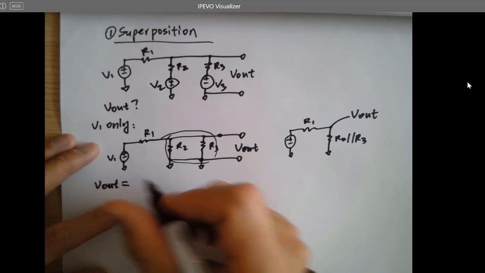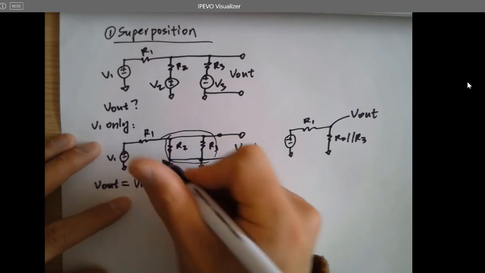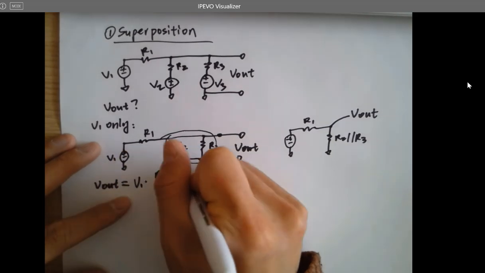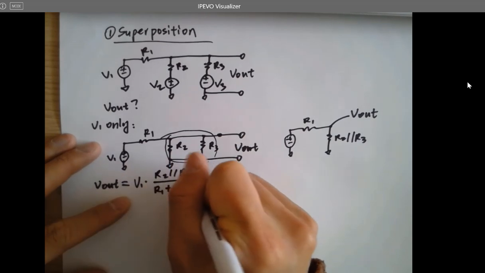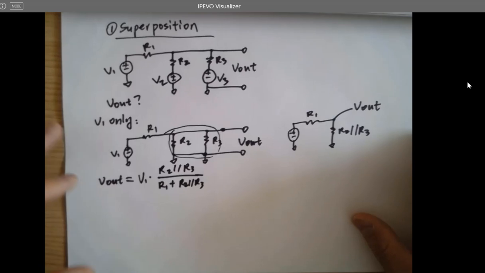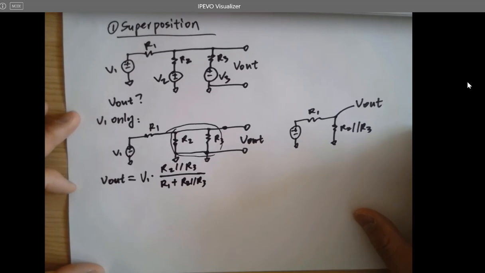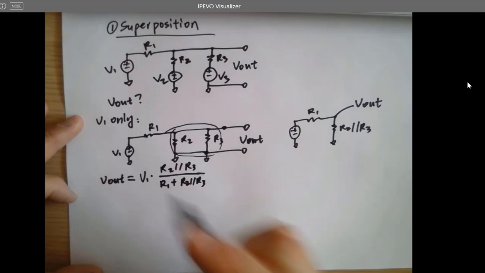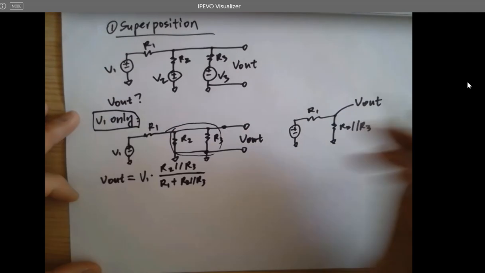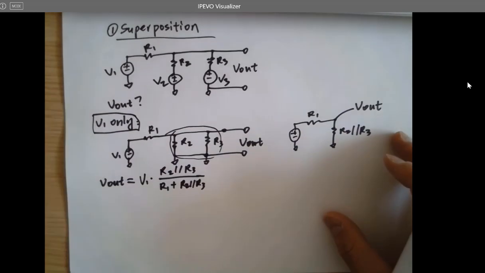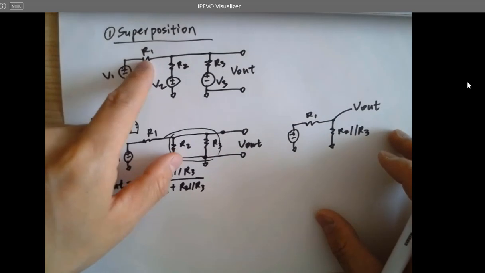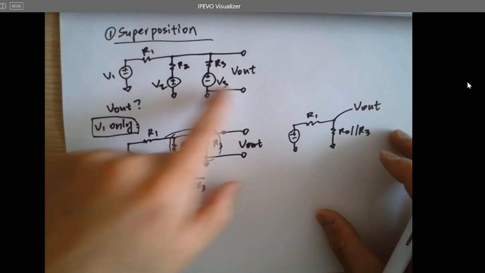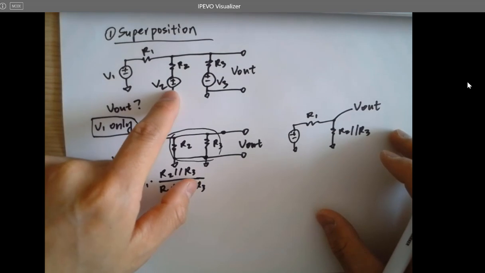So VL equals V1 times R2 in parallel with R3, over R1 plus R2 in parallel with R3. That's V1 only. And then the next step is V2 only, and you short the other sources and just get whatever VL is from the contribution of V2.